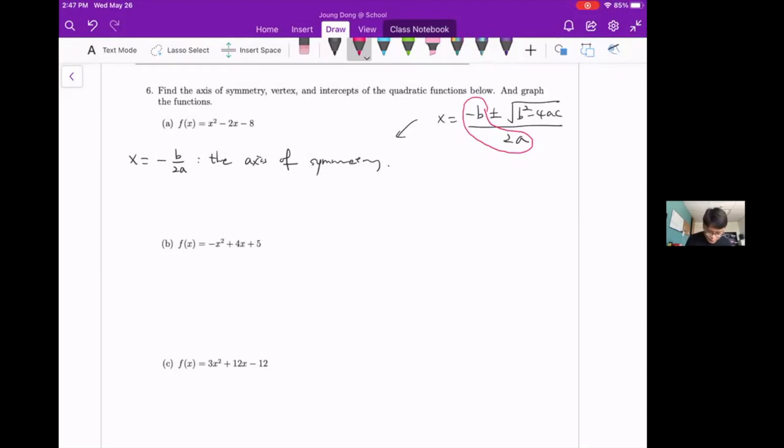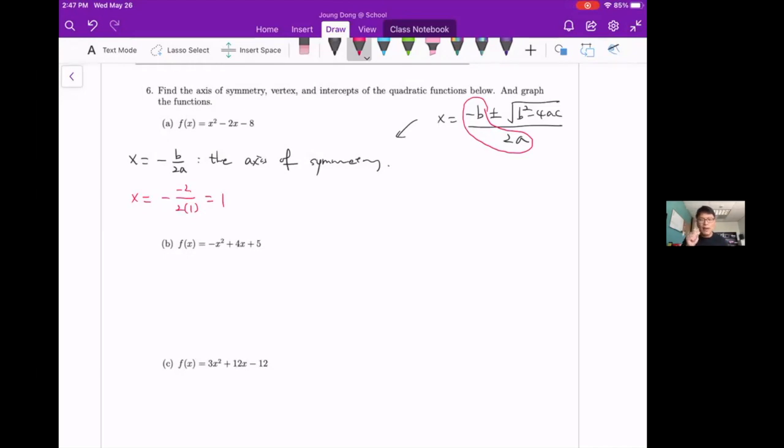Your axis of symmetry can be found this way. b is negative 2, so negative b is 2, over 2 times 1, which is 1, okay? x is equal to 1 is the axis of symmetry. And how can you find the vertex point? That's very easy. Your vertex always happens at the axis of symmetry.